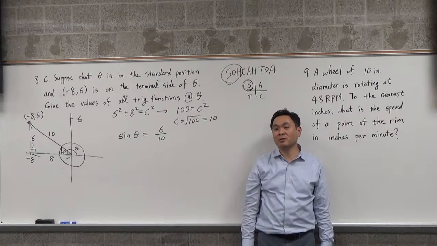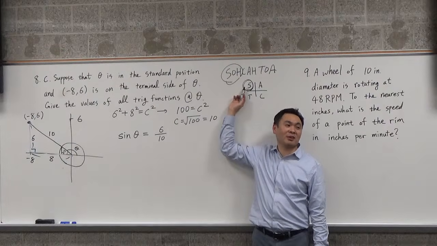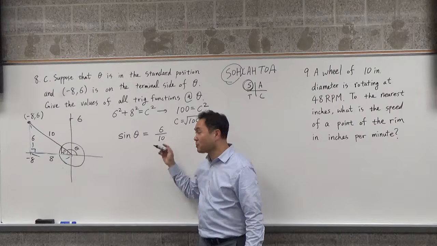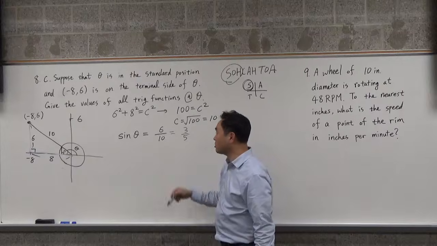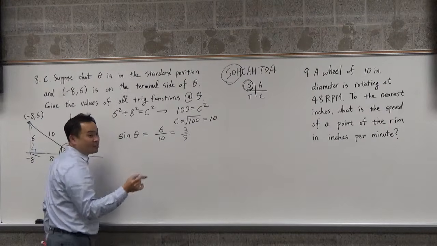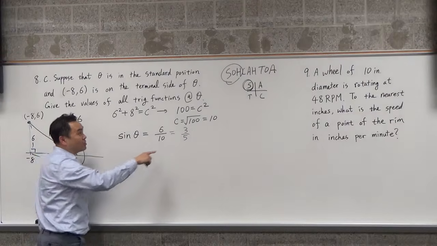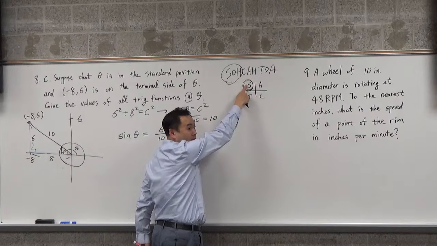Positive or negative? Sine's positive. Everything else is negative. Cosine and tangents are negative. Okay? So sine's okay. 6 over 10 is fine. This will be 3 over 5 if you reduce top and bottom by 2. But cosine and tangent, when we get the answers, we have to make them negative because in the second quadrant, sine's positive, whereas cosine and tangents are negative.